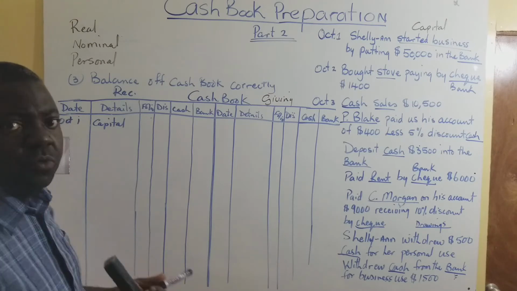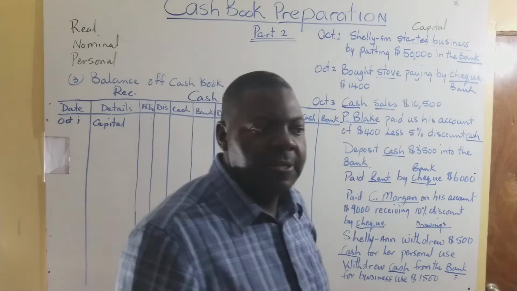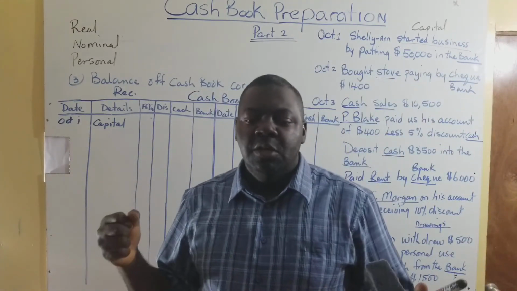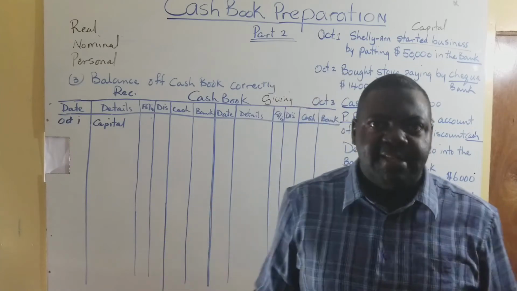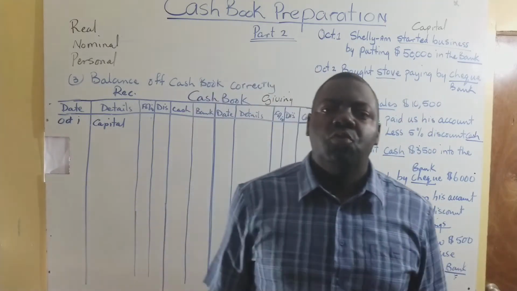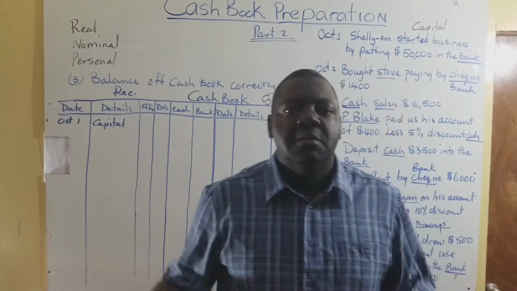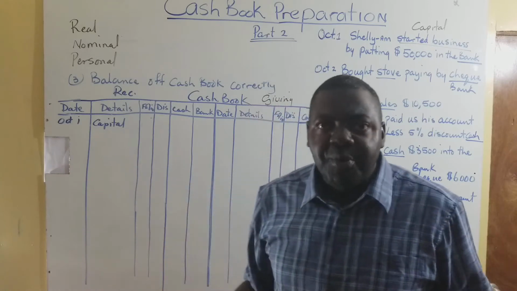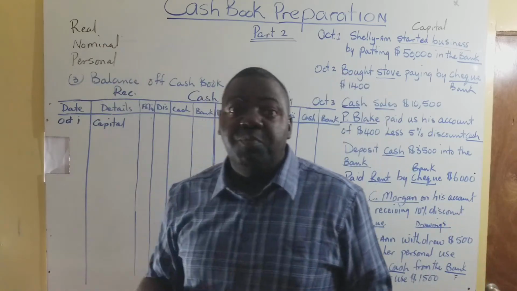Real accounts relates to assets, fixed asset, tangible things you can hold, you can see, like the desk, like the chair, like the computer, the machine, the stove, the refrigerator, the motor vehicle, the building. So that's referred to as property. Yes, real accounts deal with property.